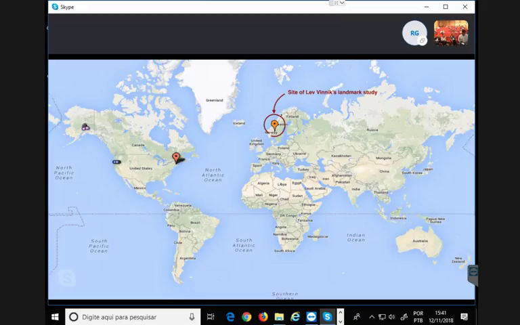I just want to start with this one, the site of the Norsar array in Norway, where Lev Vinnik, a pioneer in receiver function studies, did what some consider the first true receiver function study in the 1970s, in which he imaged the lithosphere and the mantle transition zone below Norway with some of the best data at the time. So really, the original receiver function work was done there.